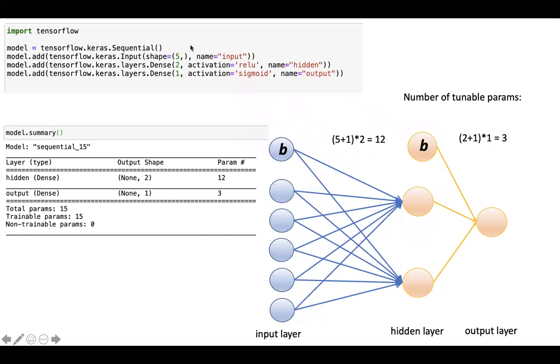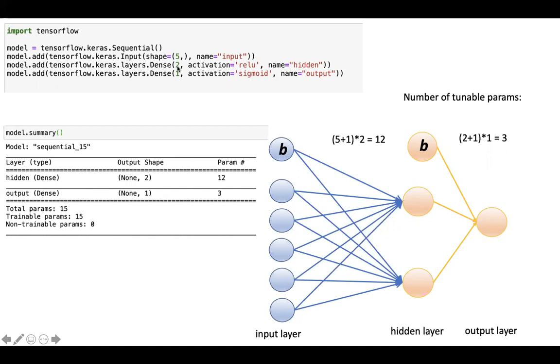To implement this network in TensorFlow, first we import the library, initialize the object with the TensorFlow Keras Sequential, and usually we don't need to specifically set the input layer, but just for illustration purposes, first we add the input layer with shape 5 because we have 5 features.